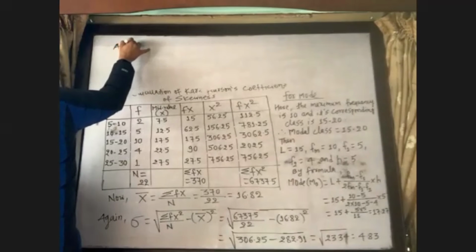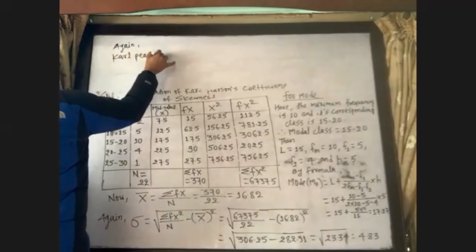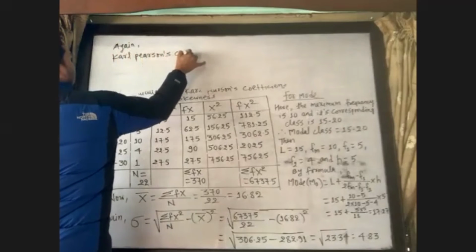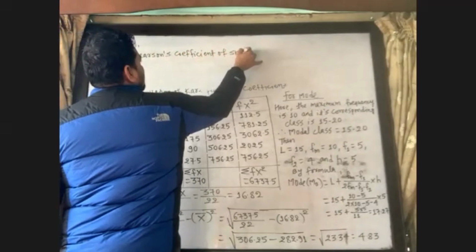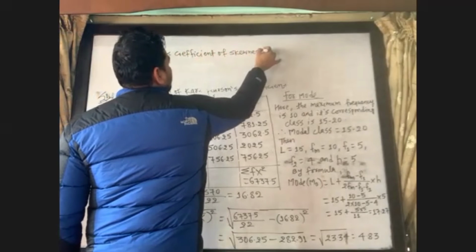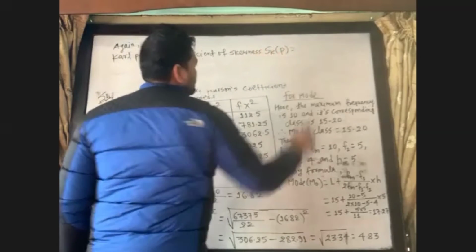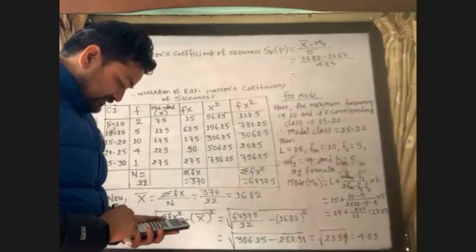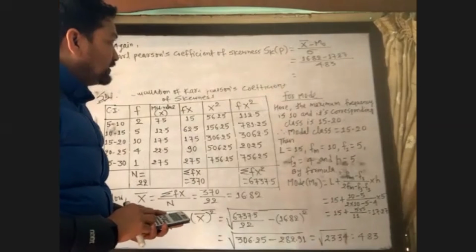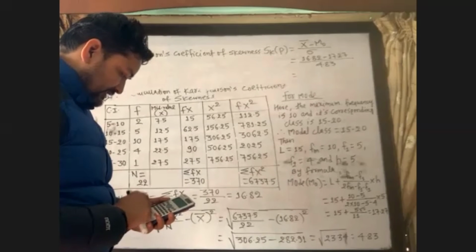Again, Carl Pearson's coefficient of skewness, that is SKP equals to 16.82. Okay, 16.82 minus 17.27.